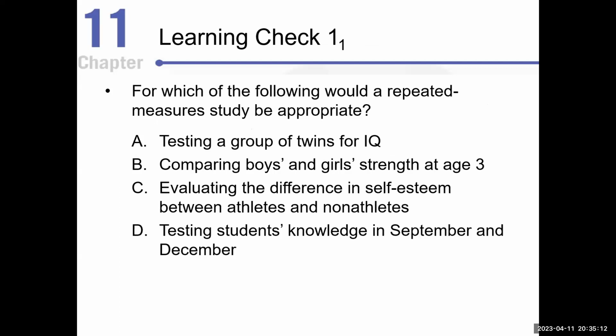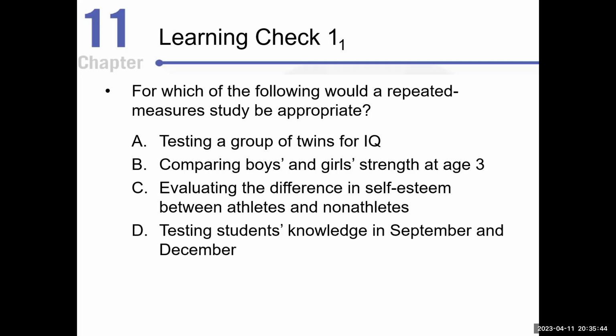I want to see if you can understand the research design and be able to look at how that might be done in the real world. So it says, for which of the following would a repeated measures study be appropriate? Testing a group of twins for IQ, comparing boys and girls' strength at age 3, evaluating the difference in self-esteem between athletes and non-athletes, or testing students' knowledge in September and December.